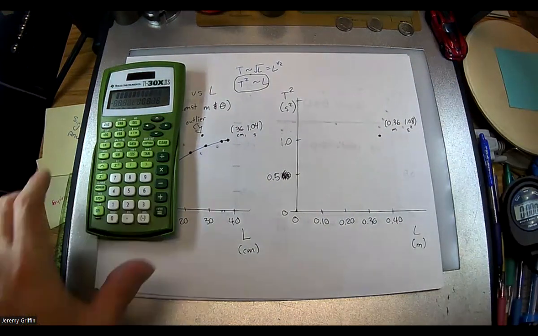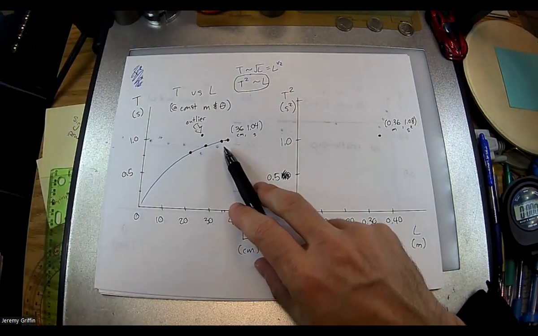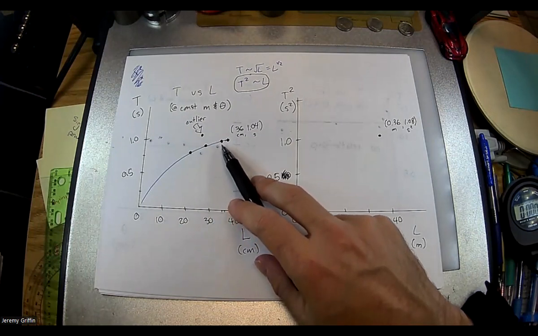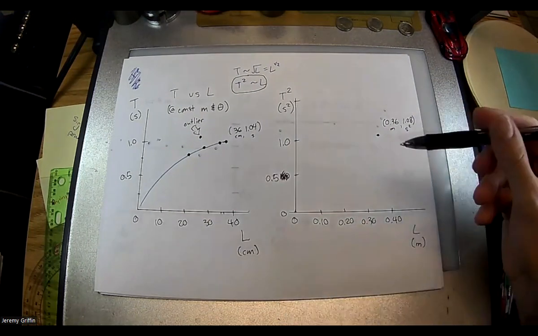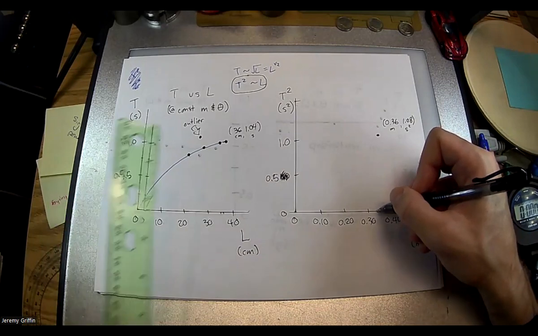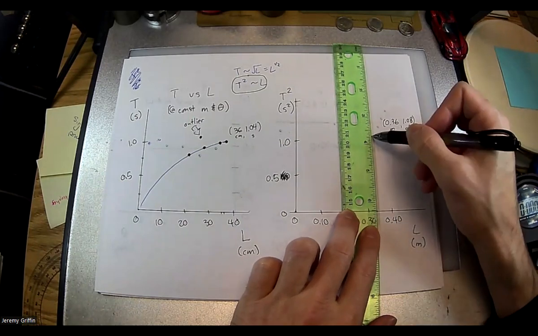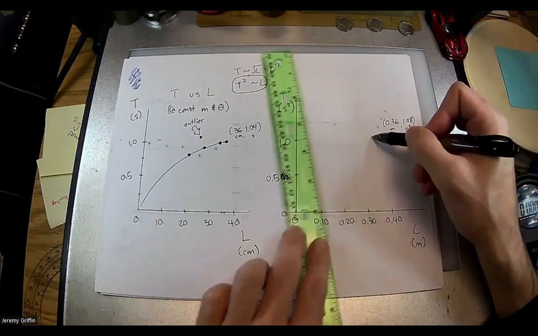Okay. This other one they didn't write down. Aaron, do you have a calculator in front of you? Okay. We have to go ahead and square the times. So what was the second longest pendulum? It was 33 centimeters. And if you square the time, what does that come out to? 1.06 something.